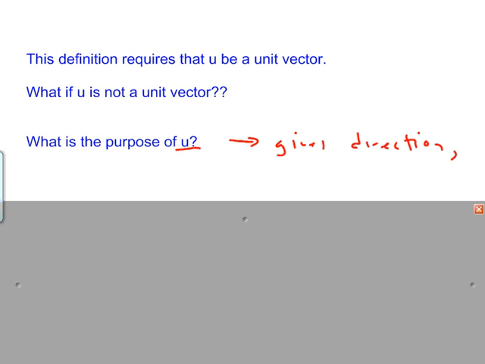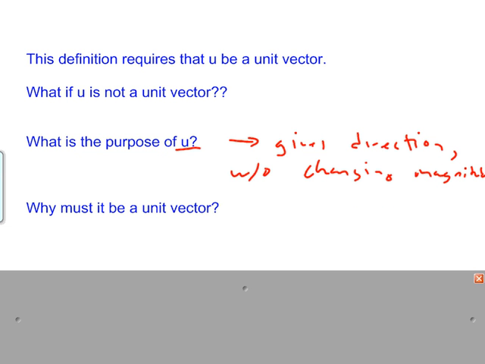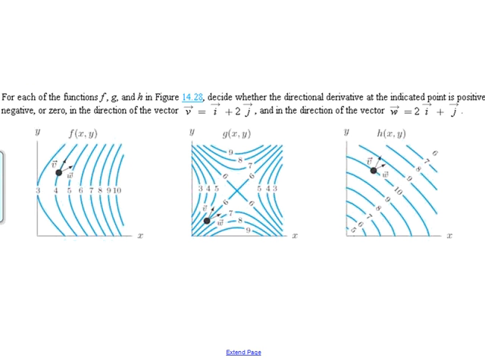It gives direction without changing our magnitude. So the key thing: u must be a unit vector, so all it's supplying us is direction.